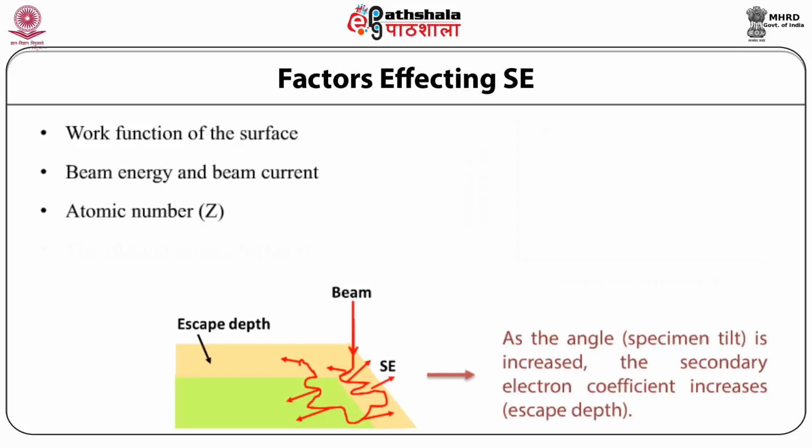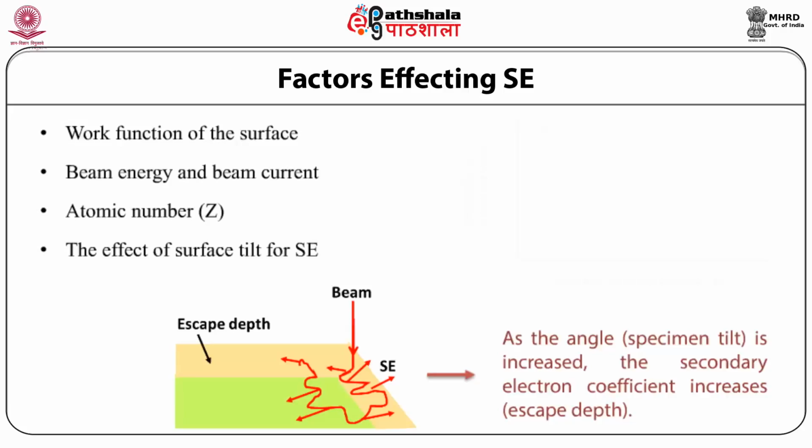The fourth factor is the effect of surface tilt on secondary electrons. In areas where the surface is tilted relative to the incident beam, the electrons travel greater distances in the region close to the surface of the specimen.